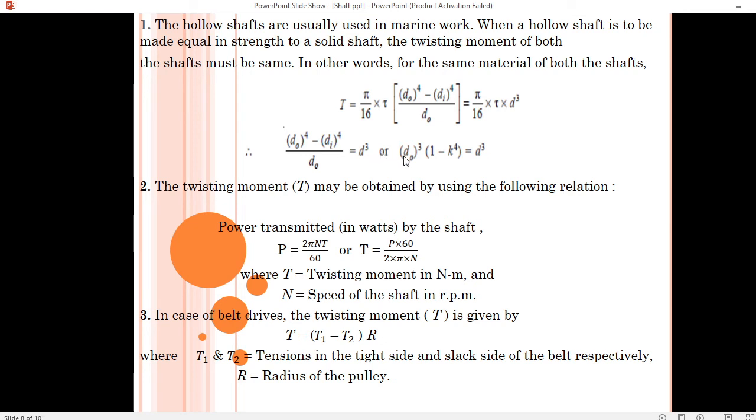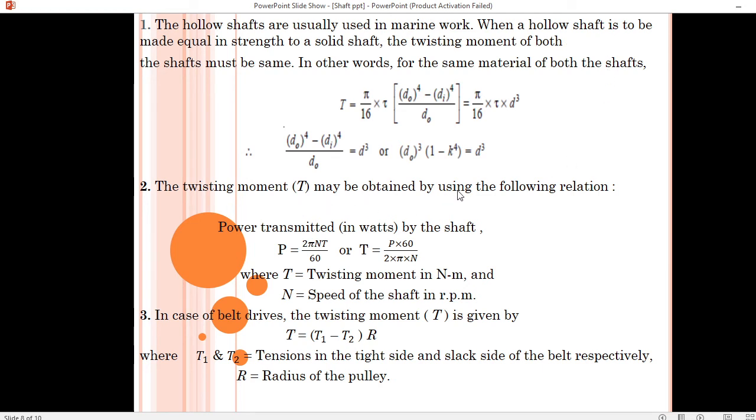Next, taking d0 to the power 4 as common, we get d0 cube into 1 minus k to the power 4 is equal to d cube. So this is the relation for a hollow shaft to be equal in strength to a solid shaft.